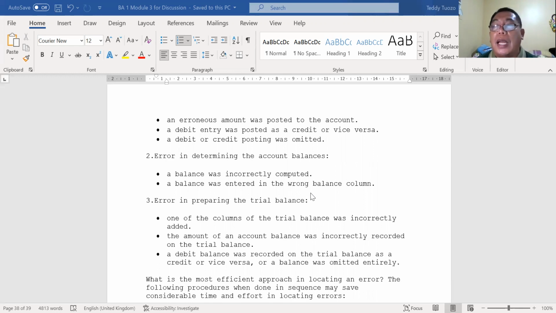Pag-transfer na nimo sa trial balance, imbis na debit siya dito sa imo ledger na balance, kay because di naman lagi nimo ma-determine, di naman pareho sa T account na mahibawan nimo kung debit o credit ani siya balance, kay diri pa-brightay na sa ledger. But of course, for purposes of discussion and accounting succeeding, we will always be using the ledger. No? Dili na kon, at the general ledger, dili na kon, T account. So, ana siya, no?